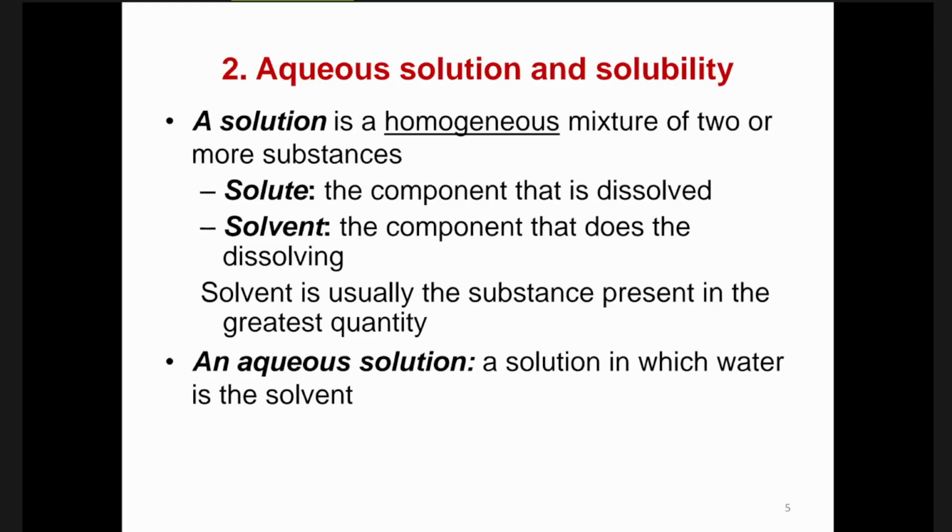And you have a solvent, which is the component that does the dissolving. In a solution, the solvent is usually the substance present in the greatest quantity. So you have two components, one solute and one solvent.